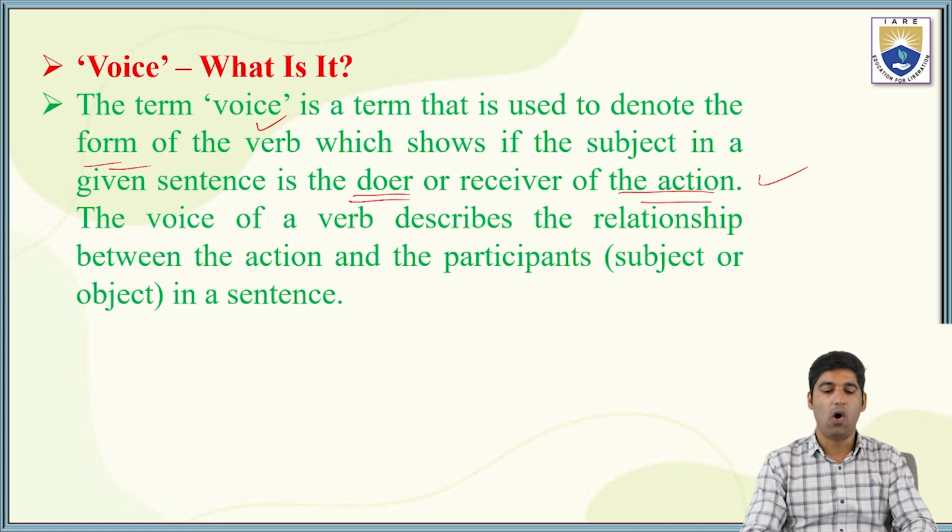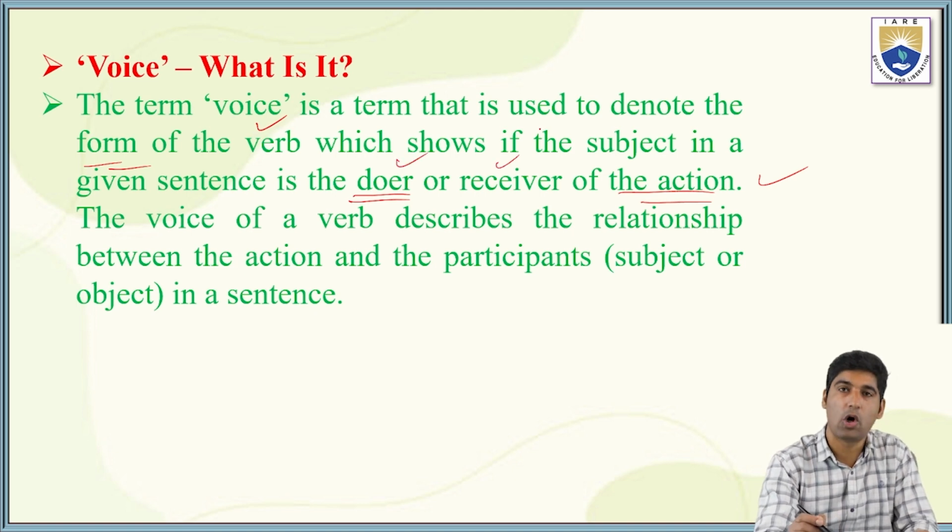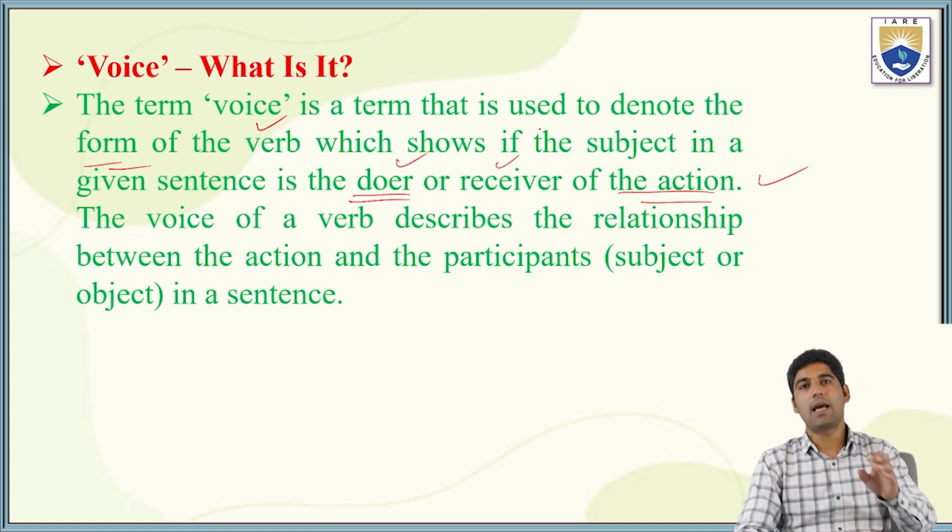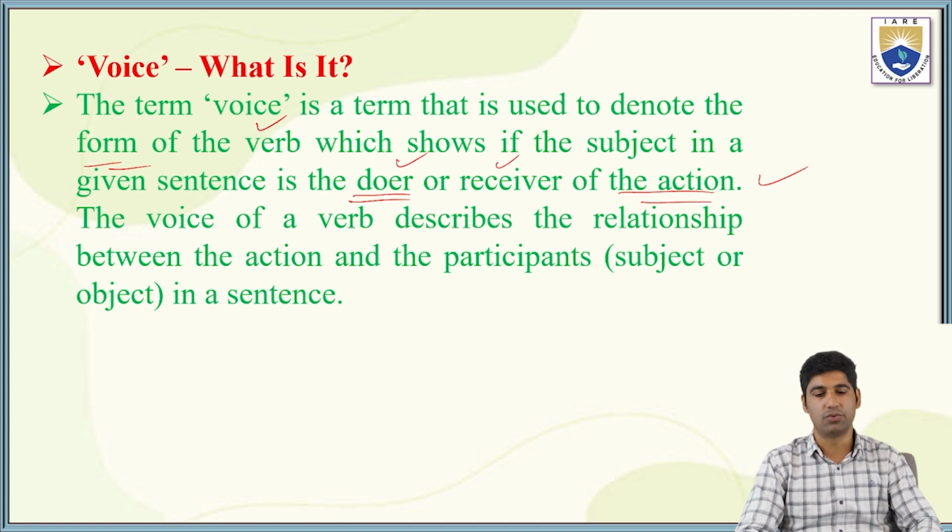This verb form shows us whether the subject in a given sentence is the doer of the action or the receiver of the action. So these are the two things which the voice shows.